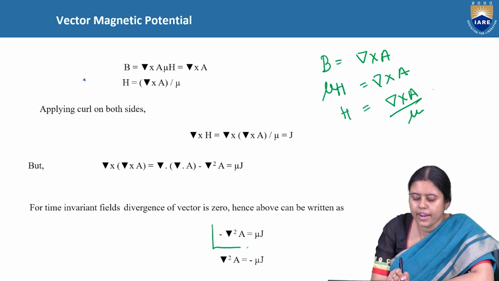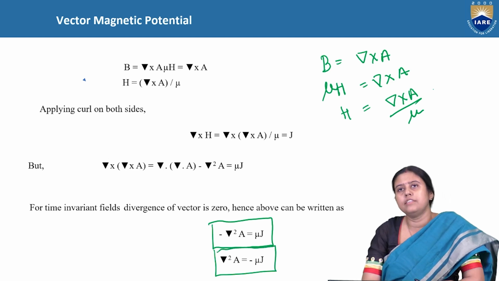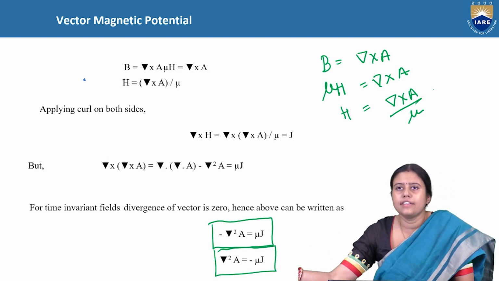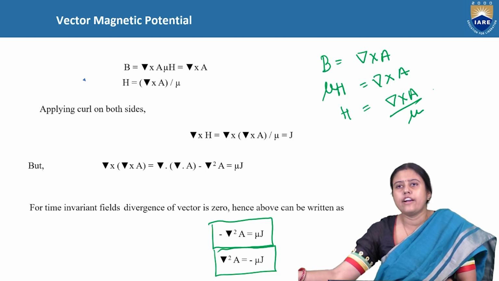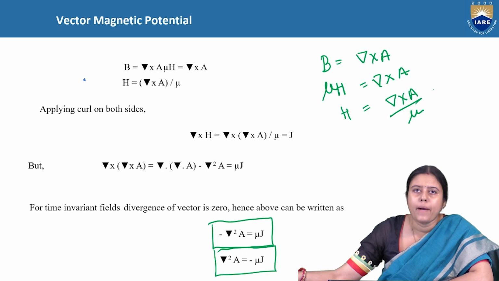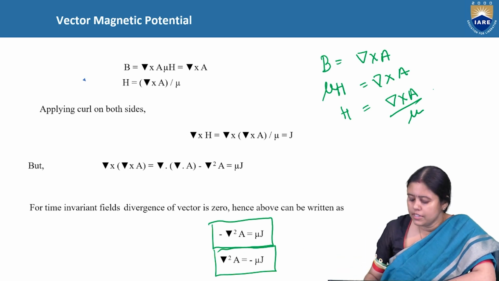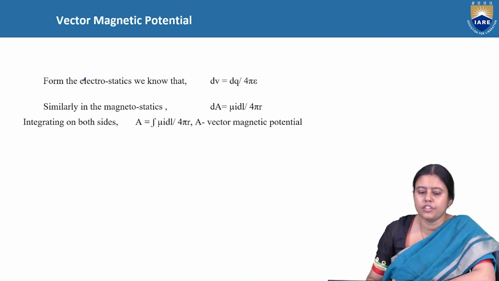And from here we can write grad square A is equal to mu J. Taking the sign into account, we get minus grad square A is equal to mu J. So this is known as the vector potential.